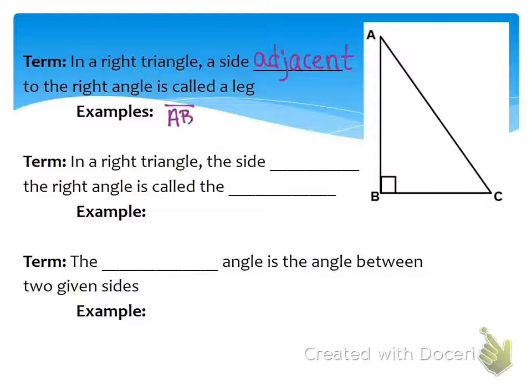AB and BC. Those would be our legs. In a right triangle, the side opposite the right angle is called the hypotenuse. From this diagram, what side is our hypotenuse? AC. Side AC.